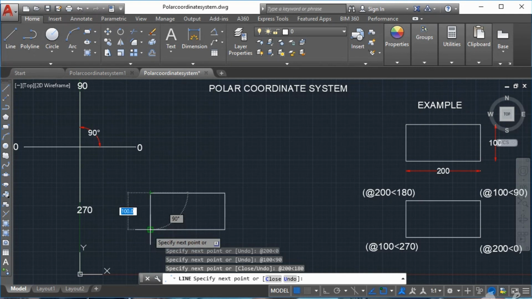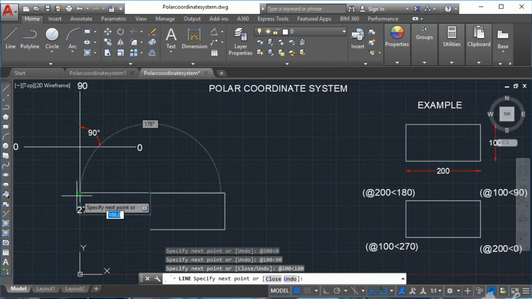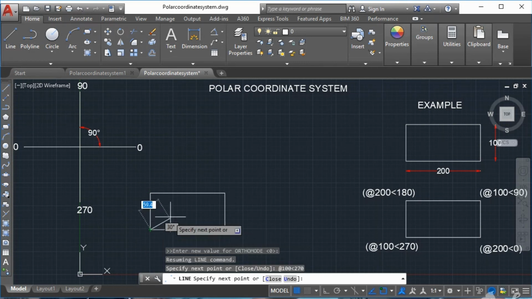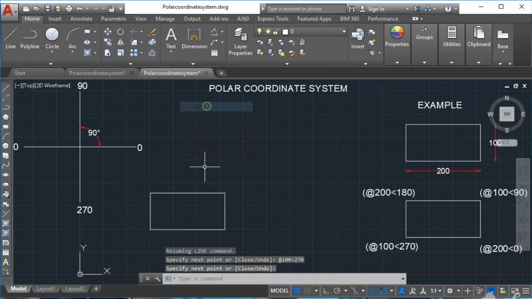For this point the distance will be 100 in the y direction. The angle will be 270 degrees as we showed here. So I am repeating the syntax, @ and the length is 100 and the angle, with the less than symbol, then 270. Press enter. See, now in this way, by using the polar coordinate system we can draw a rectangle.